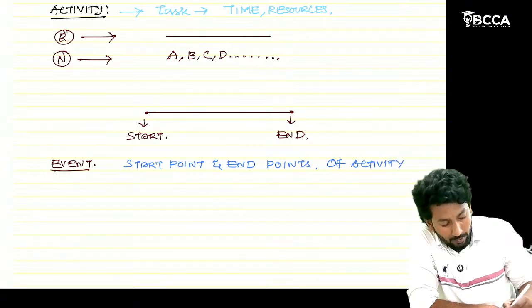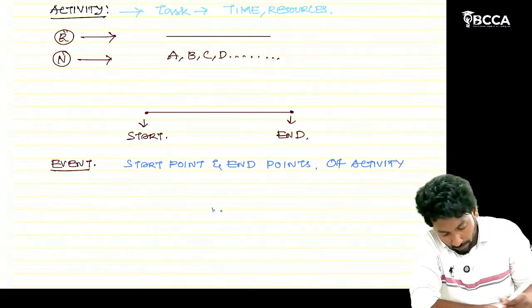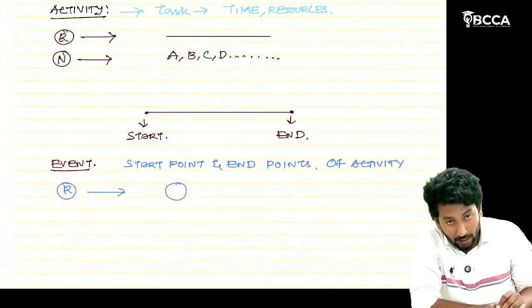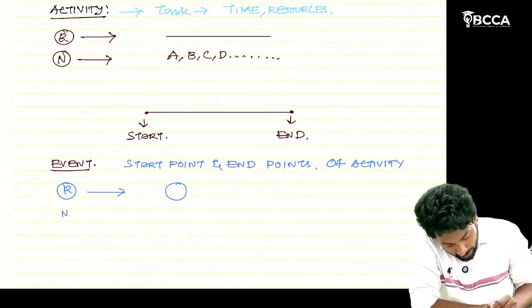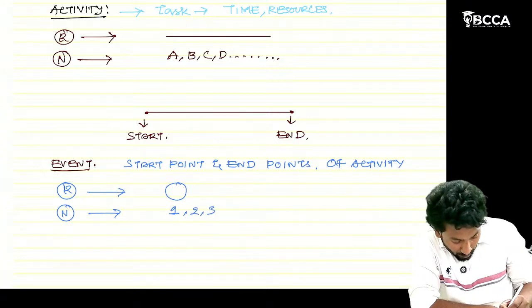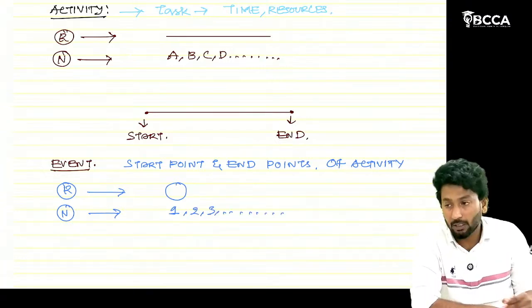These events will be represented with circles, and they will be named with numbers 1, 2, 3, 4, 5, 6, something like that.